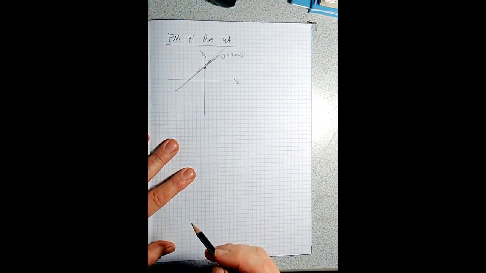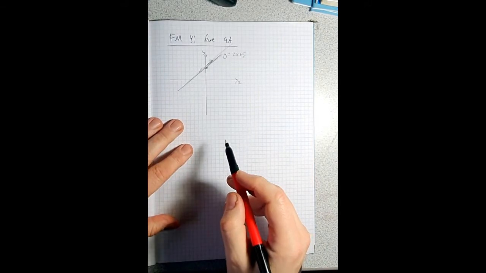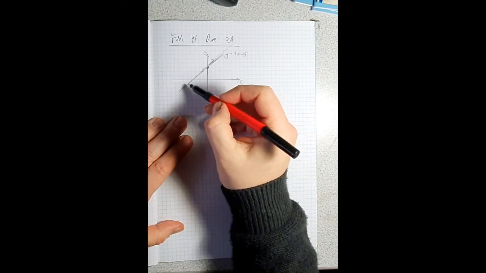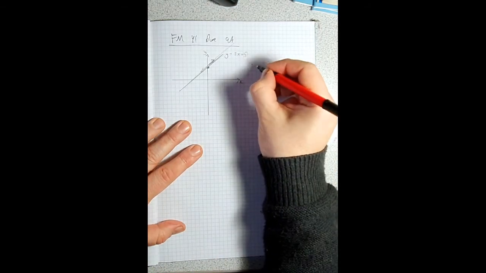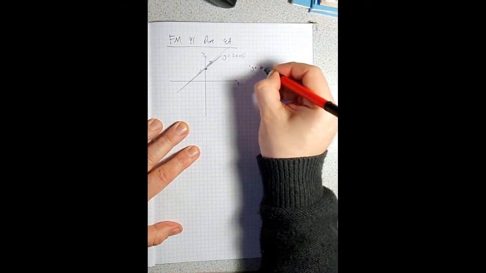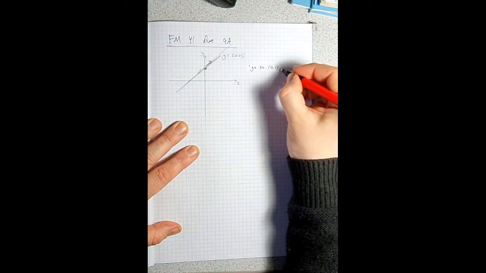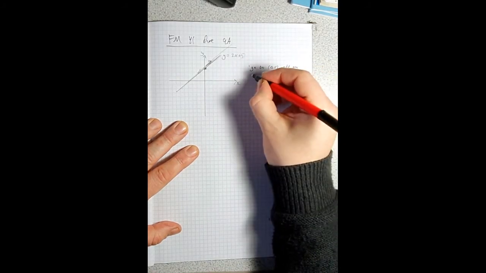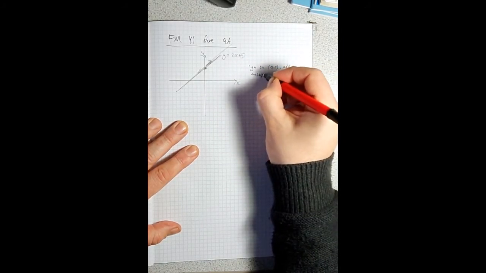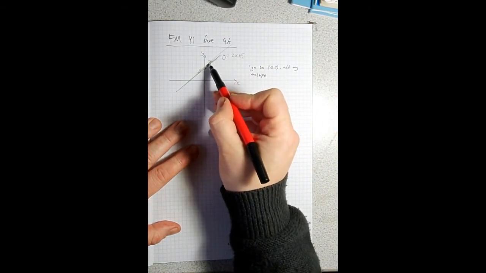Now let's be more specific about this. I'm defining the line by saying, how do I get to any point on the line? So I might say, go to 0, 5, and then add any multiple of the vector which follows the direction of the line.